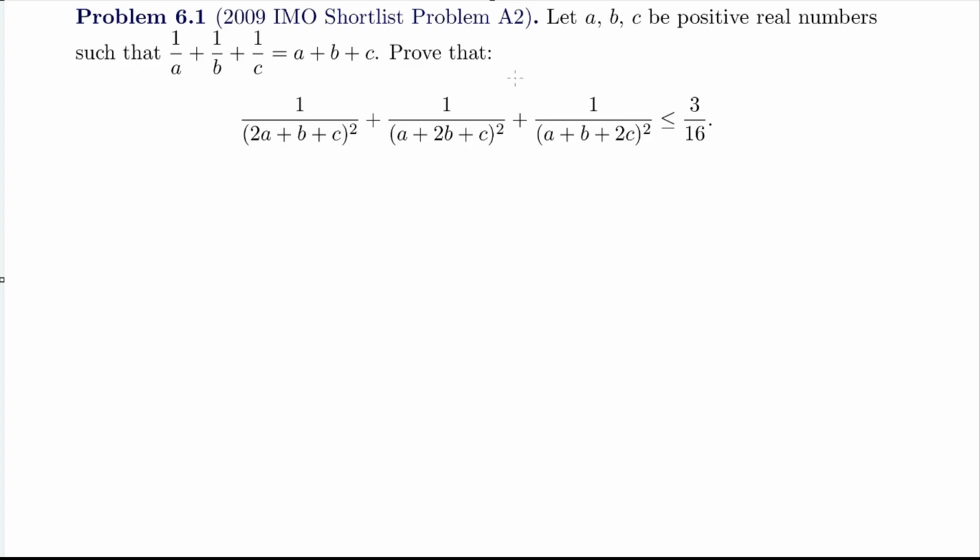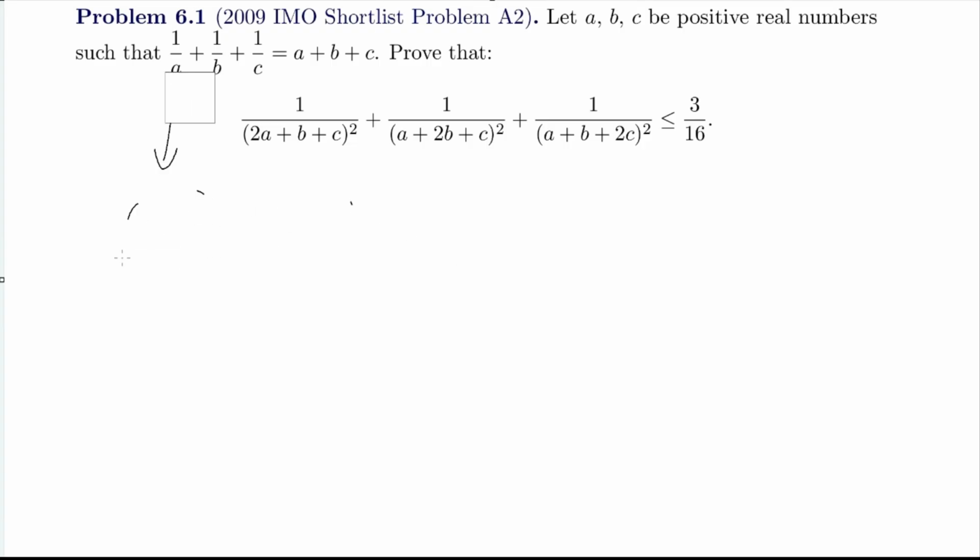And the way we end up doing this, and I forgot to mention this explicitly in the video, although I did mention it in the handout, is that homogenization can work backwards, as we'll see in this problem. So anyways, we have this condition here, and this actually rearranges into a plus b plus c times abc over ab plus bc plus ca is equal to 1 if you do the algebra.